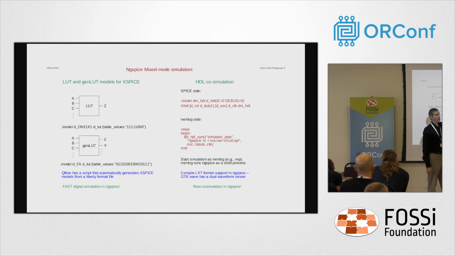Actually, what you do is you run the process from the iVerilog side. So iVerilog has this new variable called d_hdl_sync, and that simply gives you the command line to run Spice. Then you compile this down into a module for iVerilog, and when it sees that, it starts up Spice and runs a communication pipe. And that takes care of the rest.